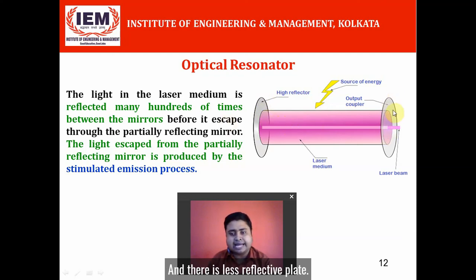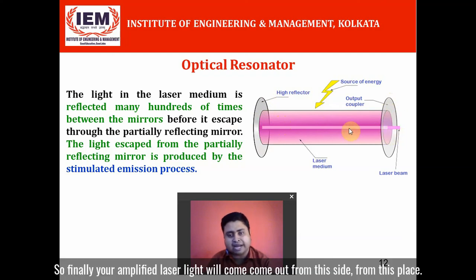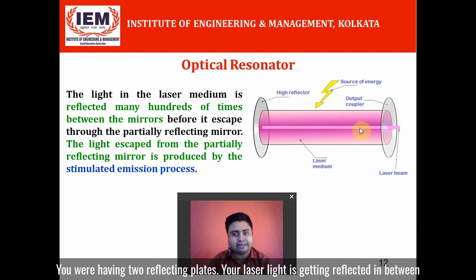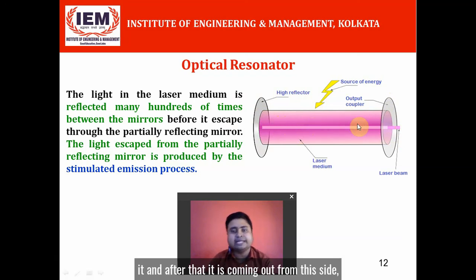This is the less reflective plate, so your amplified laser light will come out from this plate. This is the working principle of the optical resonator. You have two reflecting plates, your laser light gets reflected in between them, and after that it comes out from this side.